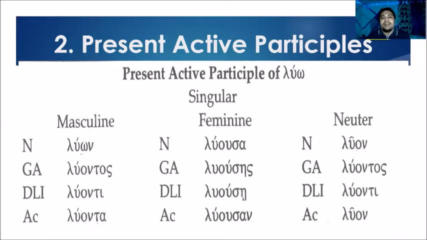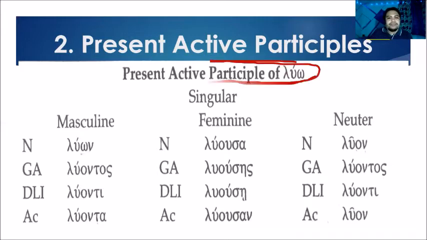For the feminine singular, nominative is luousa, genitive luouses, dative luouse, and accusative we have luousan. Okay, so in the neuter, nominative we have luon, genitive luontos, dative luonti, and accusative luon.